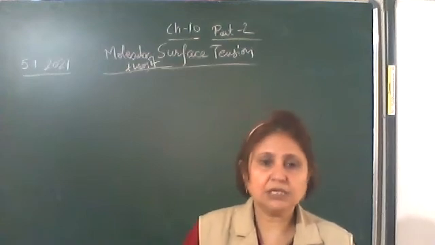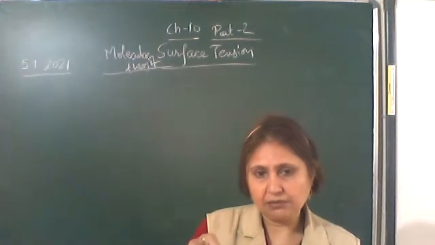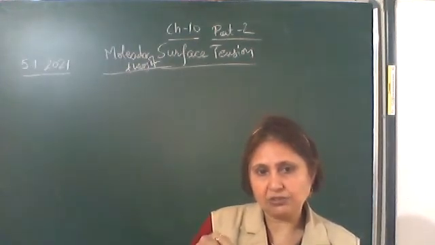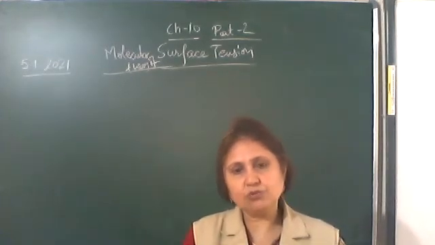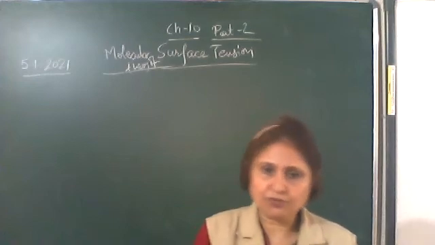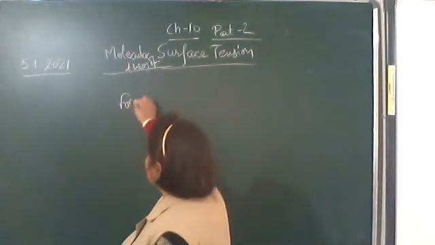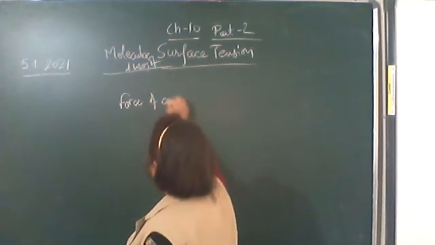When water is taken in a glass container, at the point of contact, the water molecules and the glass molecules are attracting each other. So this is force of adhesion, and the force between any two water molecules, we call it as the force of cohesion. So write down force of cohesion and adhesion.